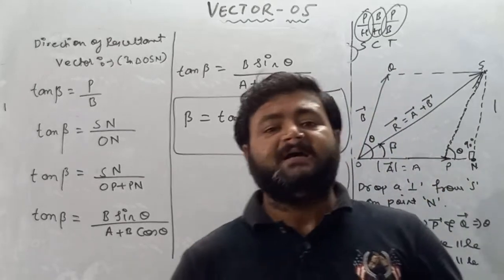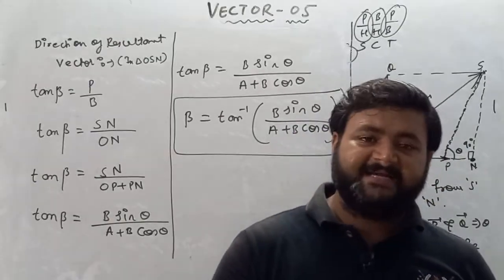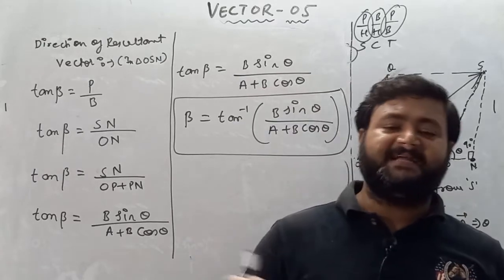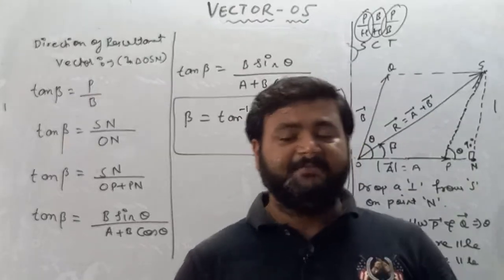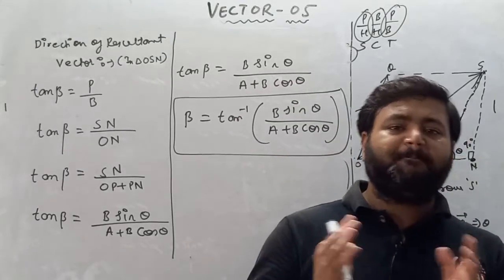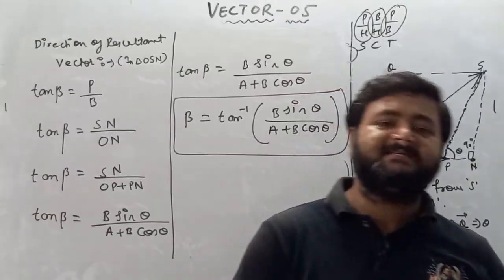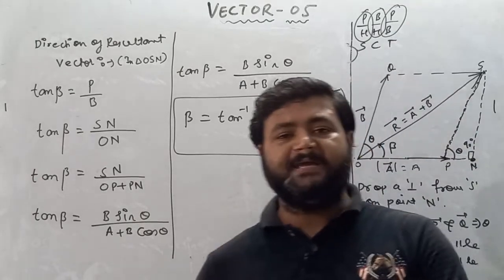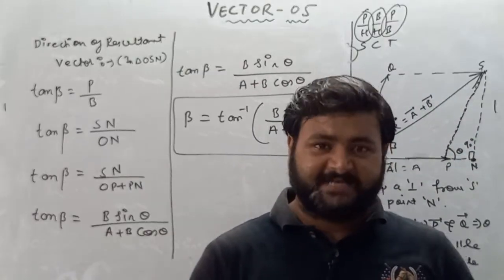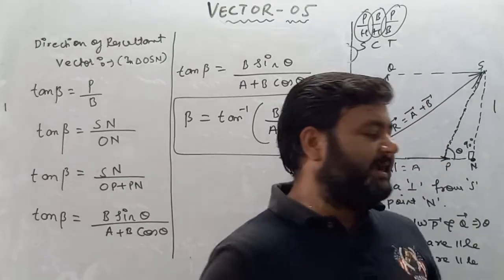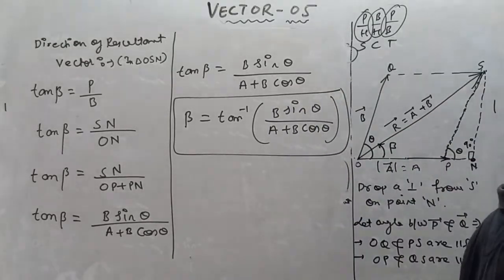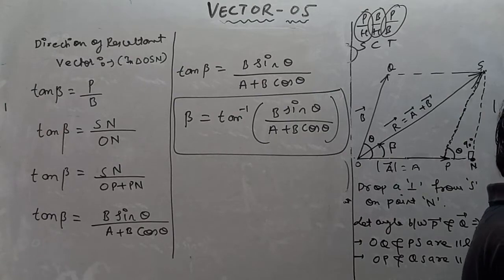So B means magnitude of second vector, and in sin theta, theta is angle between first vector and second vector. Similarly, upon A plus B cos theta, A is magnitude of first vector, B is again magnitude of second vector, and theta is angle between A vector and B vector. I hope you all understand what actually we are discussing.